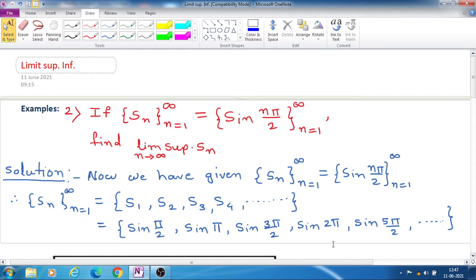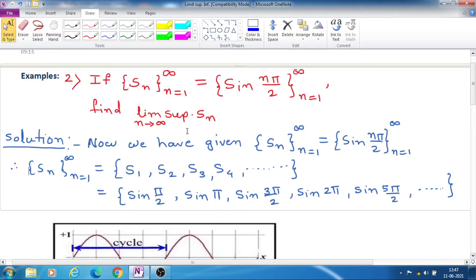Now in the previous lecture we have seen one example on limit superior of Sn. Now we see another example.